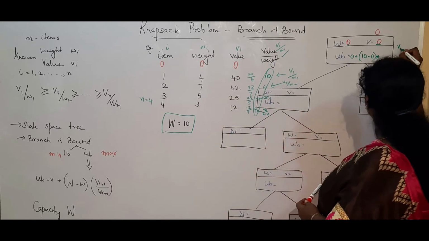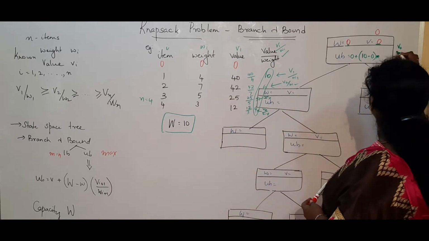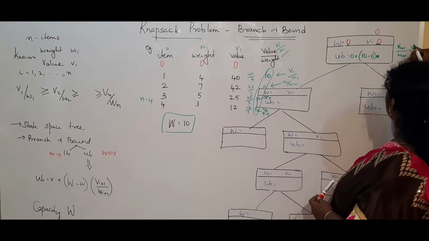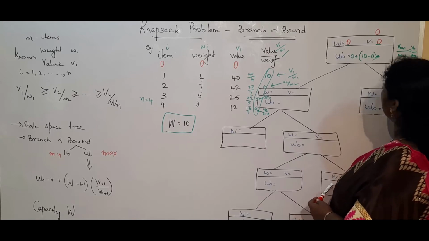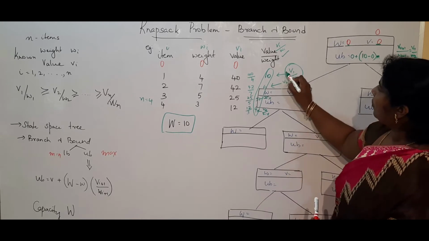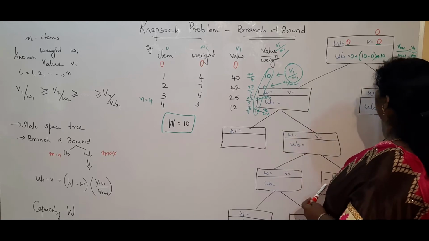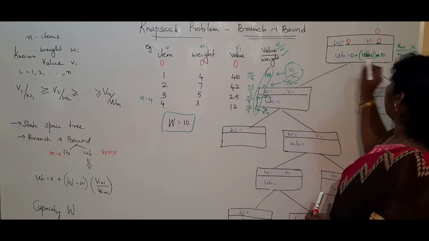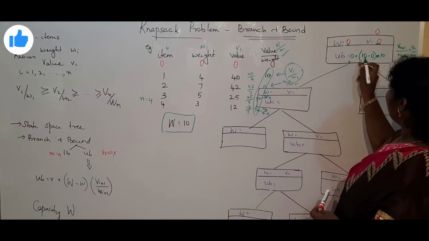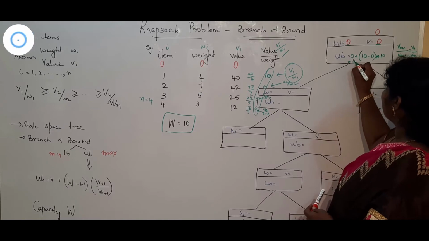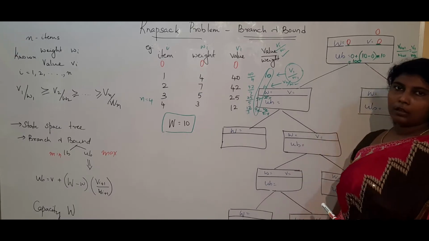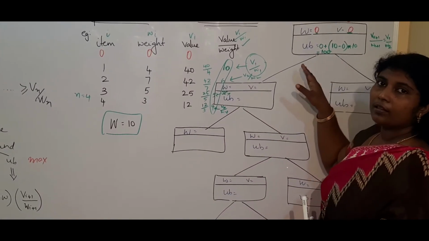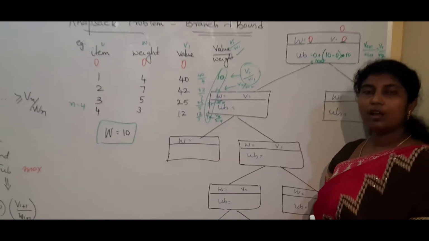Here we have V as 0 and W as 0, so plus 1 would give you V1 by W1. V1 by W1 value is 10. So 0 plus 10 into 10 is going to give 100. So the present value here is 0 and the prediction is going to be 100.